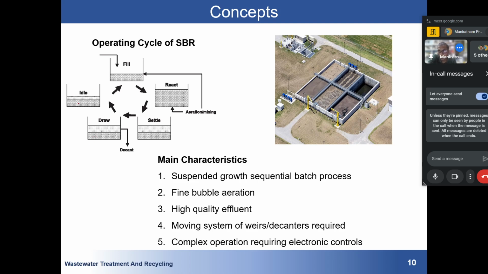When we have a very low quantity of water, the sludge can be removed. Then the system is ready for the next treatment: the next batch of water can be added, and we will have another set of treatment.